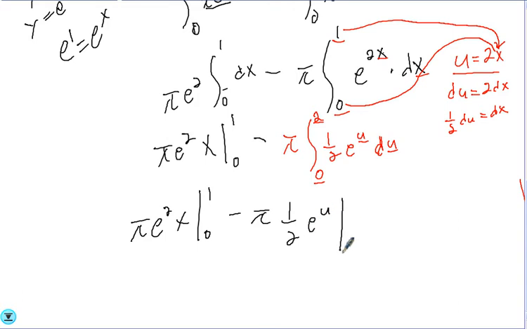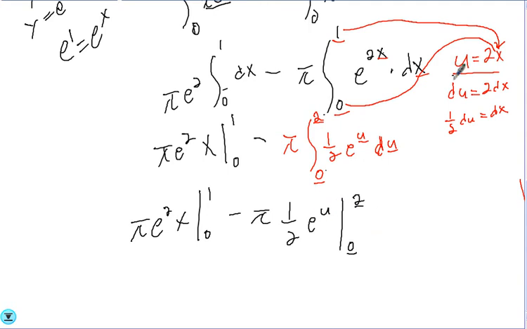And now, since I changed these endpoints to u values when I converted them here, now I don't have to change my u back into 2x. I can just go ahead and substitute the 2 and the 0 in without going back to the substitution.